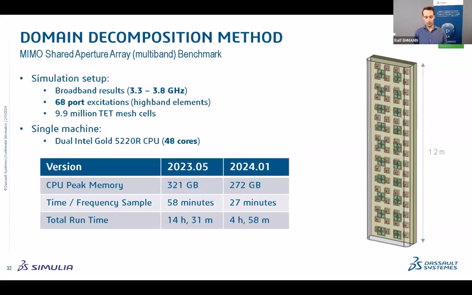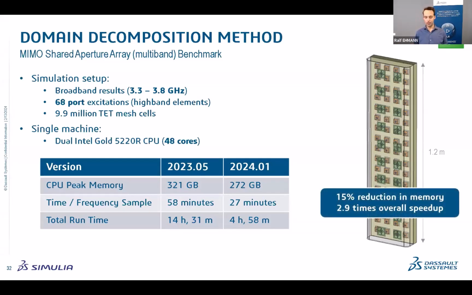You can see also the time per frequency sample and the overall runtime, how much that improves. So within less than 5 hours, you can get 68 ports calculated for a model that is 1.2 meters in length, which is about 15 wavelengths in this case. So really good results that we see there.